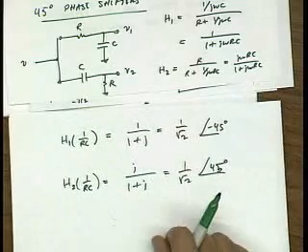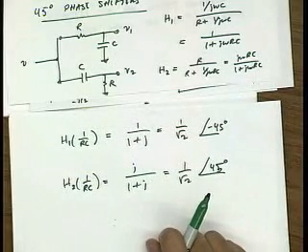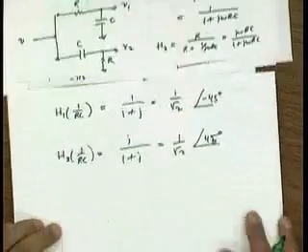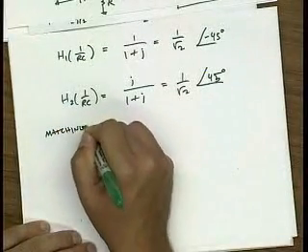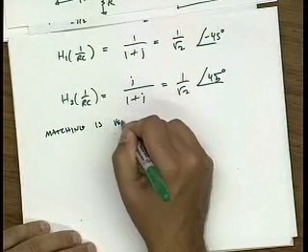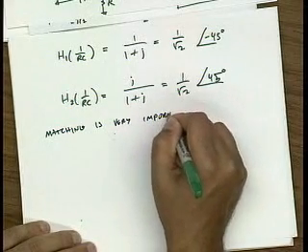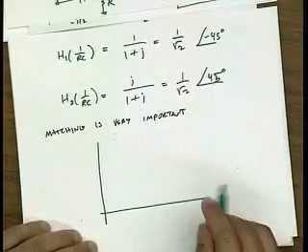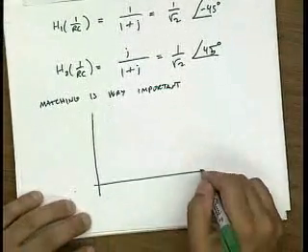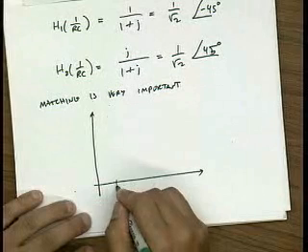Okay. Let me just say a few words about matching. So matching is very important, and you're going to explore this in your homework. What you can do is, if you do the algebra, it's a little bit messy, but at the end of the day, you can come up with a curve that looks something like this.